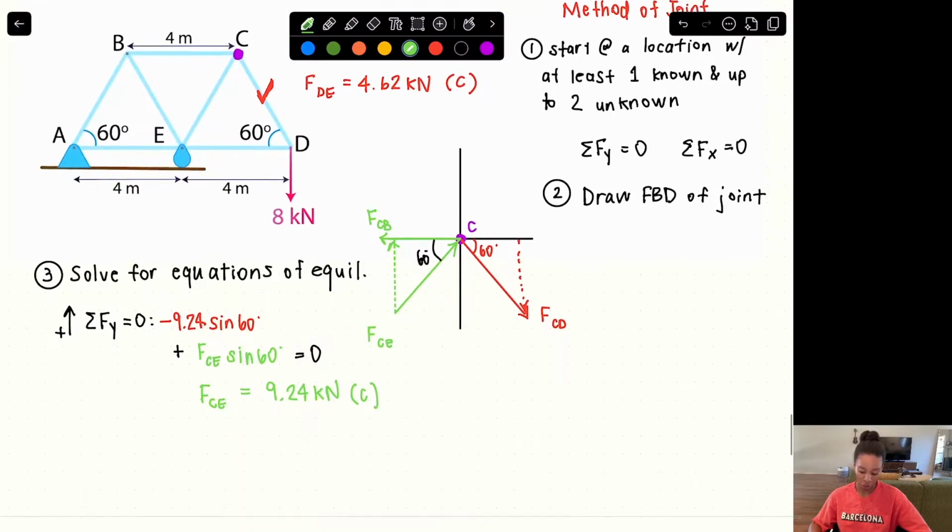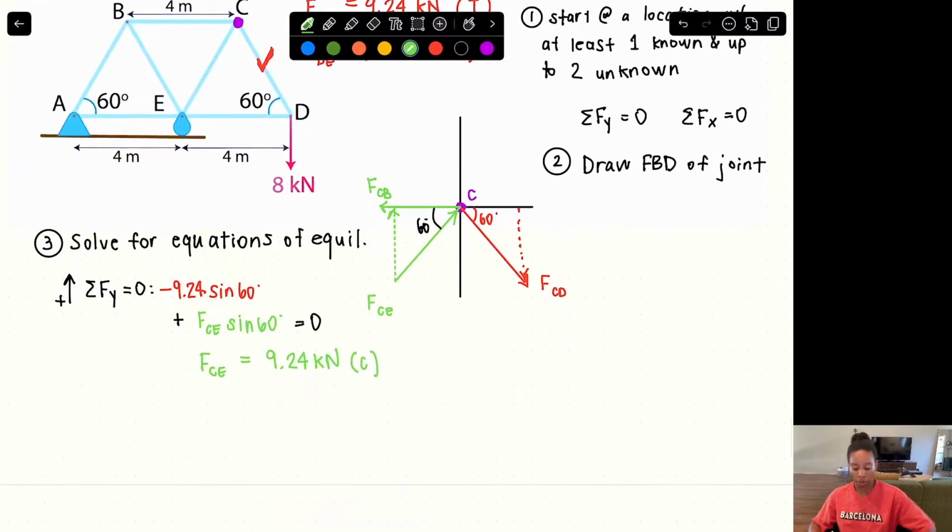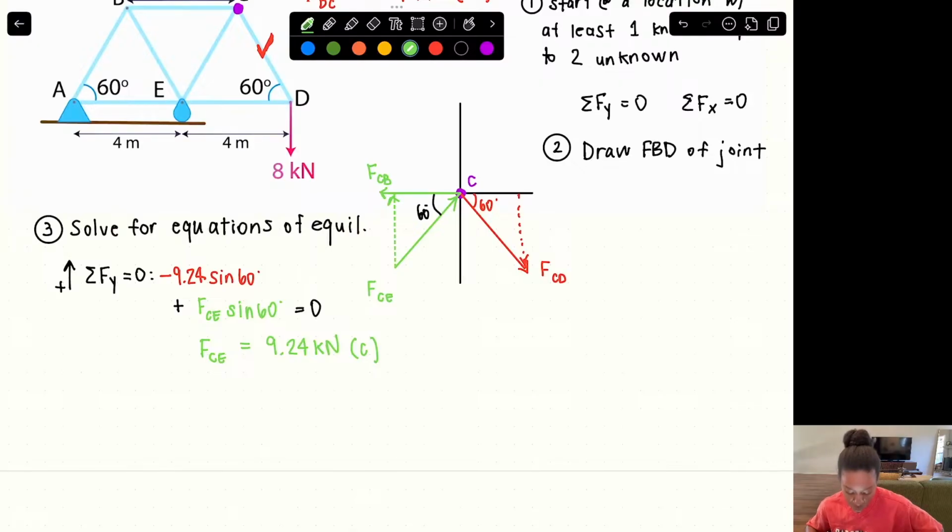All right, and so now that we have the force in CE figured out, we can easily solve for force CB by doing the sum of forces in the x direction equal to 0. We'll say anything to the right is positive.